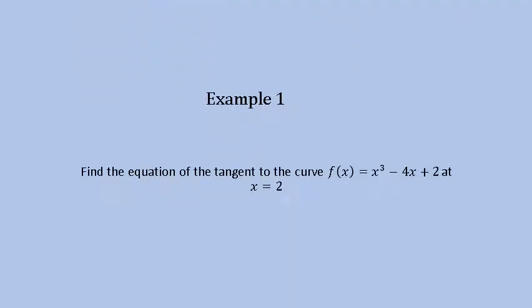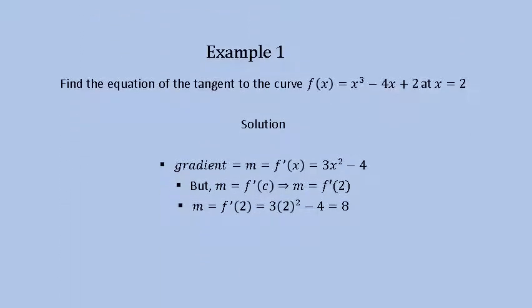Example number 1. Find the equation of the tangent to the curve f of x equals x cubed minus 4x plus 2 at x equals 2. Here is the solution. So first of all, we determine the gradient. To determine the gradient, we differentiate the given function or the equation of the curve.